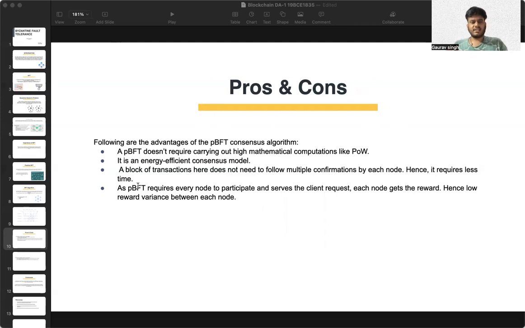The transactions don't need multiple confirmations. If the nodes are in agreement about a block of transactions, then it's confirmed immediately. Since all of the nodes can take action, they all can share the rewards. So there isn't much variance between the nodes in earning rewards, as there can be in proof of work or proof of stake.